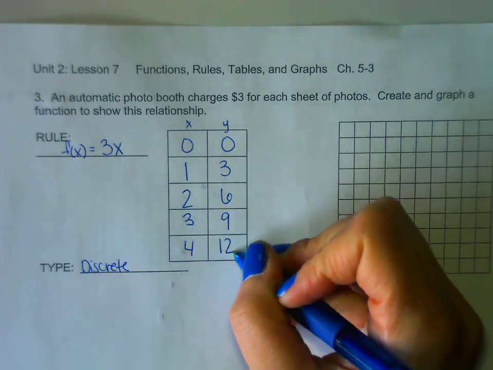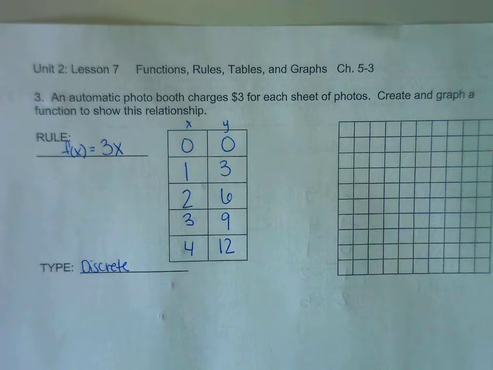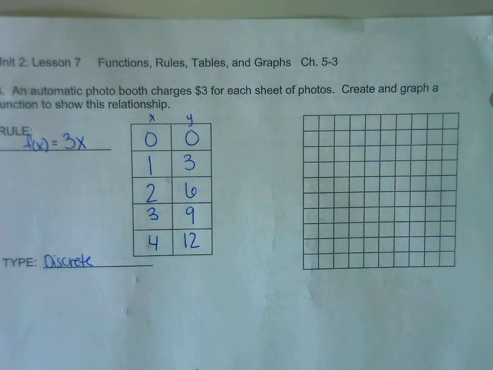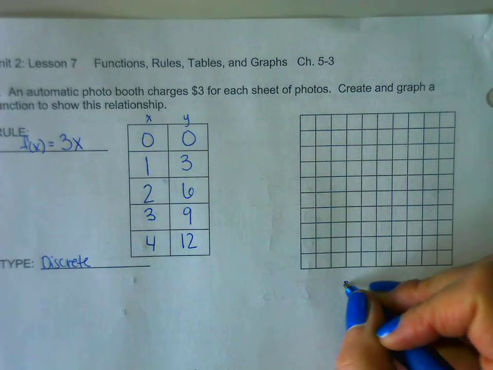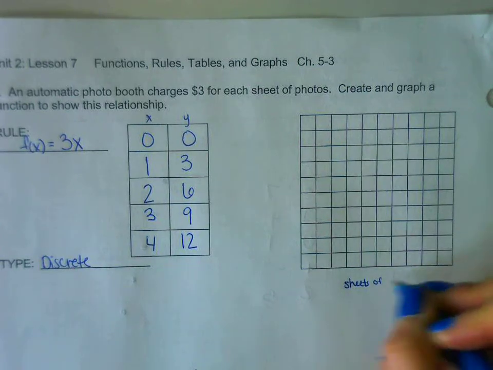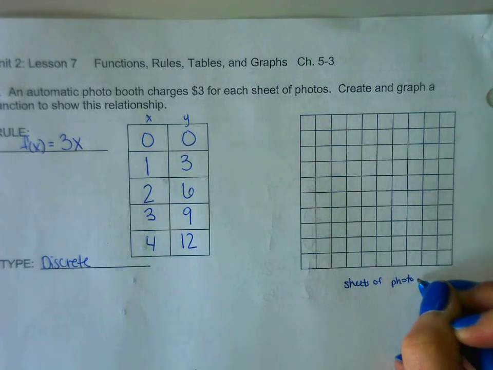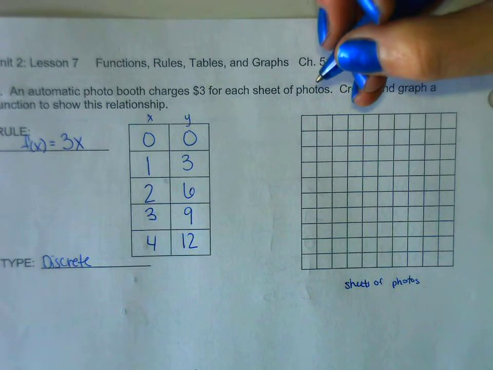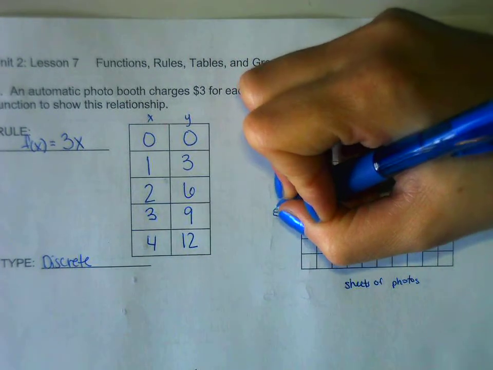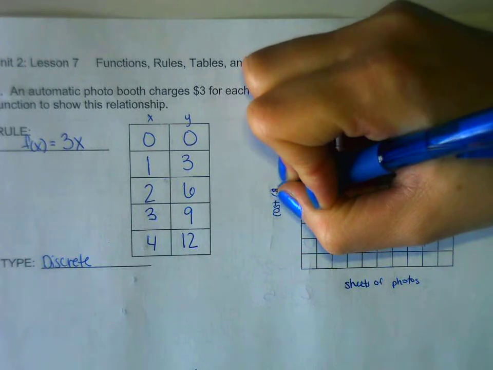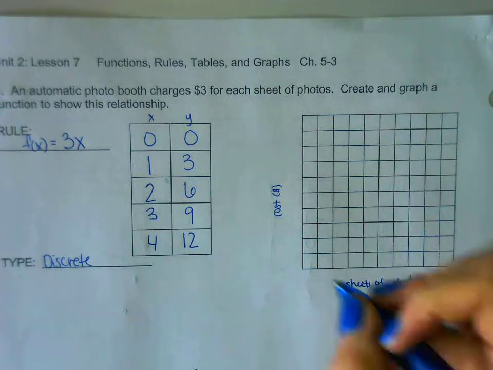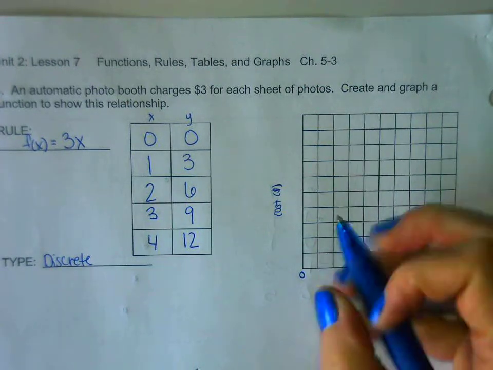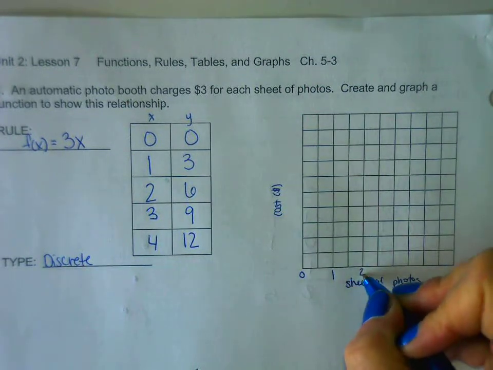So I want to create a graph from this data. My independent would be the sheets of photos, how many sheets we bought, and my dependent is going to be how much it cost me. We said we could go anywhere from 0 and we chose up to 4, so I'm going to go by halves: 1 and a half, 2, 2 and a half, 3, 3 and a half, 4, 4 and a half, 5.